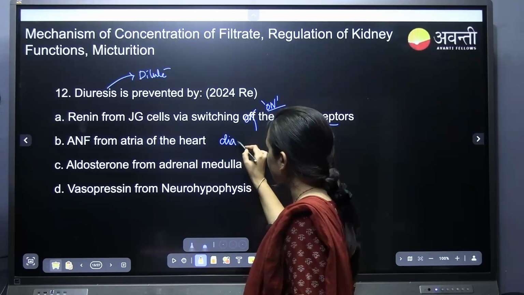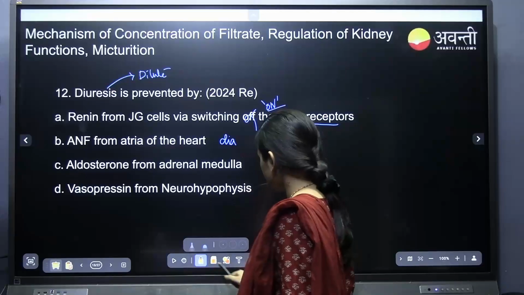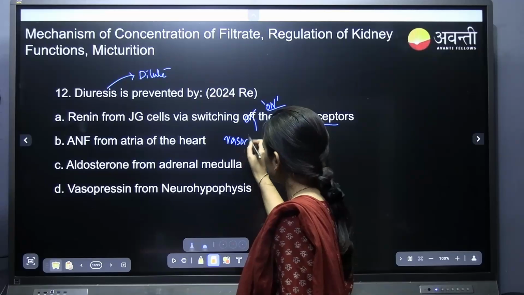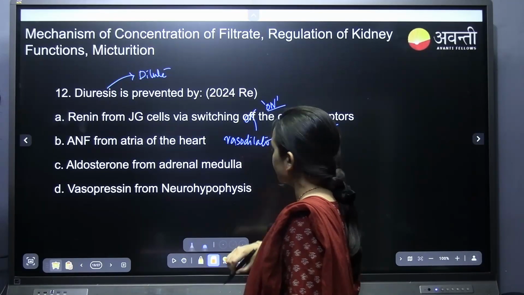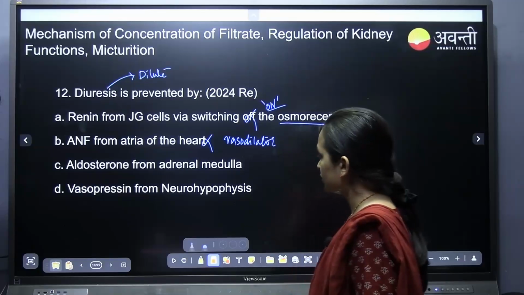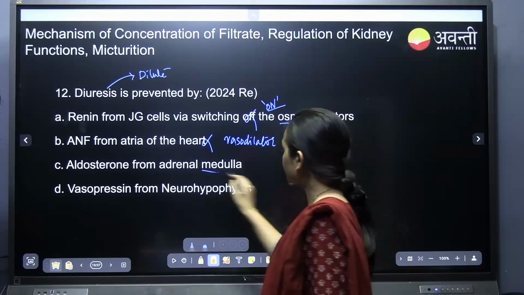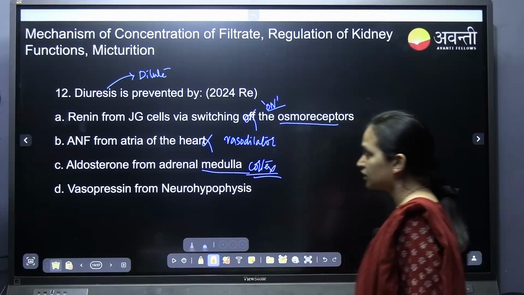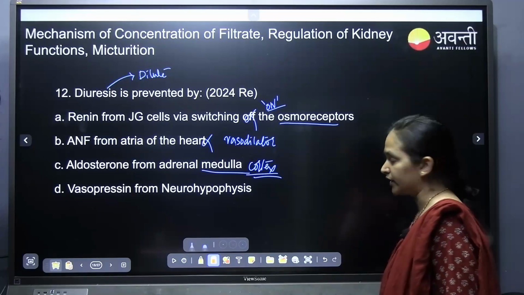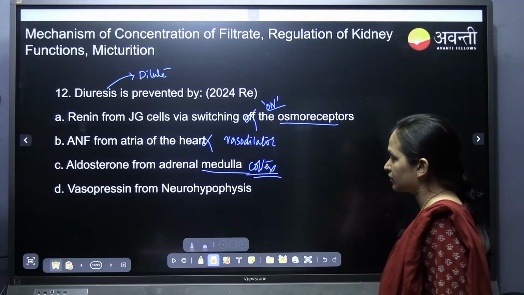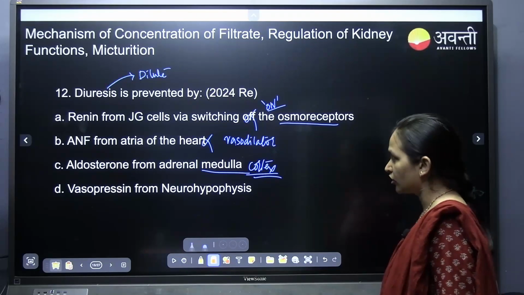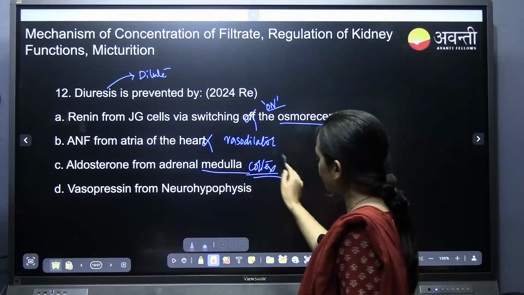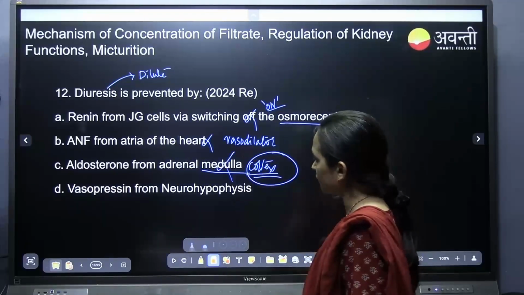It is a vasodilator, right? Aldosterone from adrenal medulla? Aldosterone is from the adrenal cortex. Adrenal medulla secretes epinephrine, or adrenaline, or noradrenaline, you can say. So aldosterone is secreted from the adrenal cortex, not medulla.